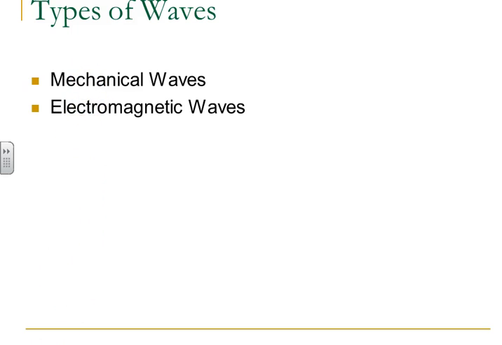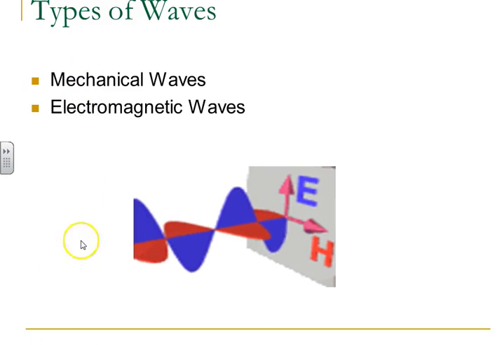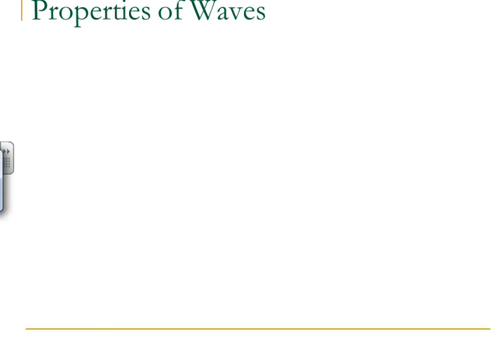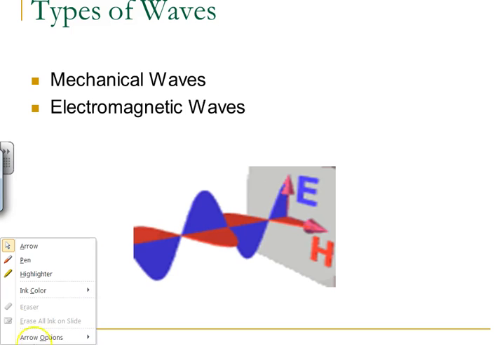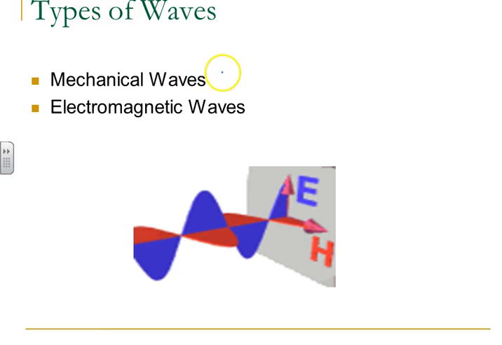All right, we have a couple of different types of waves. First of all, we've already mentioned the mechanical wave, and we also have electromagnetic waves. A mechanical wave is one that requires matter.